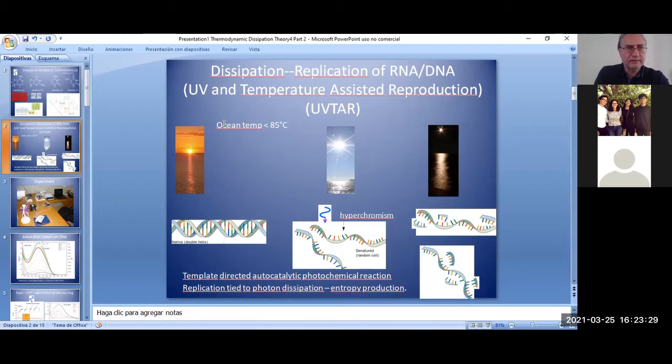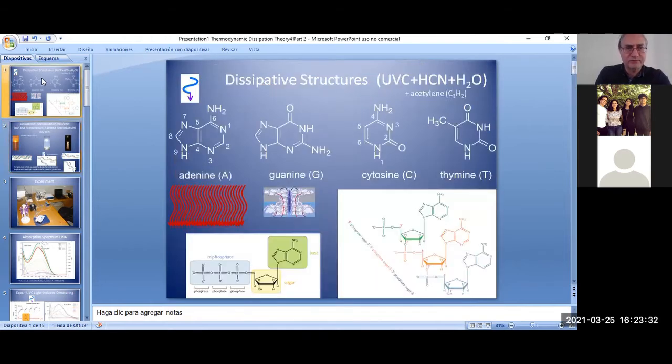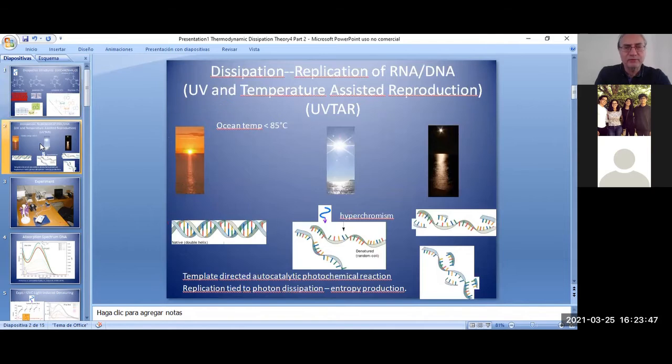Okay, so as I said, let's assume that we have these molecules which were produced through ultraviolet light from common precursor molecules, and that they're floating on the ocean and they can form these nucleic acids. So the next question is, why would they want to multiply? If we are sticking to this thermodynamic dissipation theory of the origin of life, we have to assume that they would want to multiply because that increases dissipation still more.